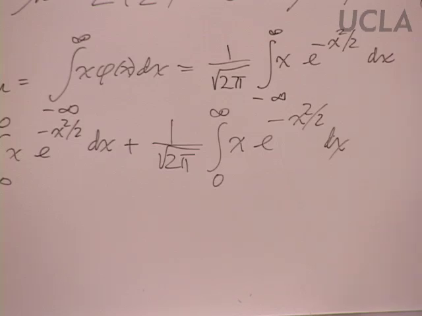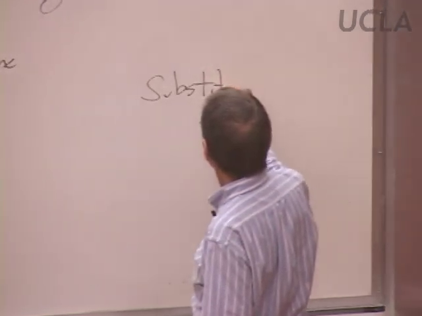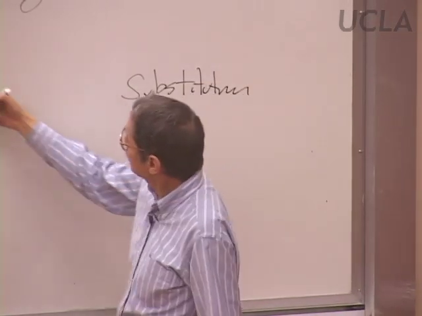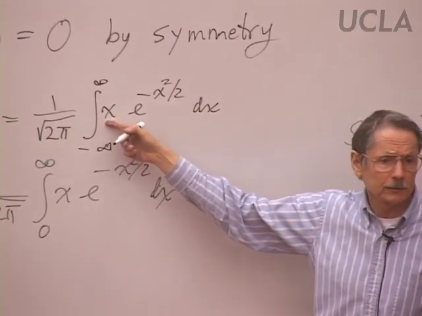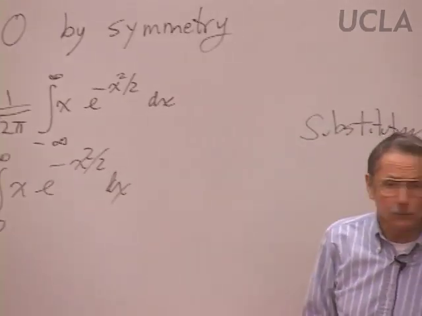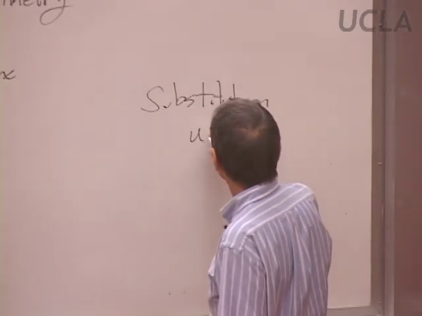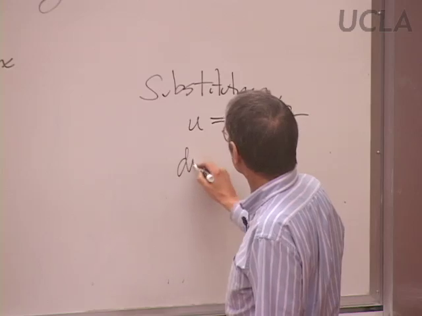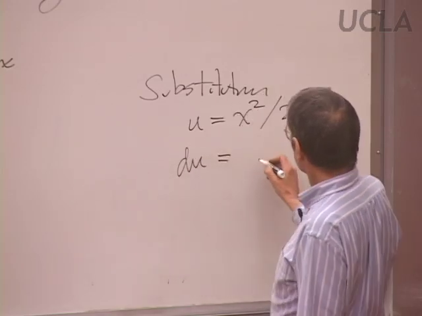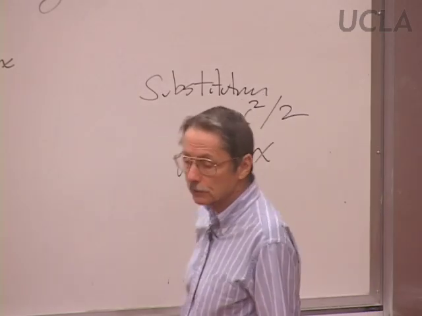And now we look at this: we have some function of x squared over 2 times the derivative of x squared over 2, which cries out for the substitution u is x squared over 2. So du is 2x over 2, in other words, x dx.